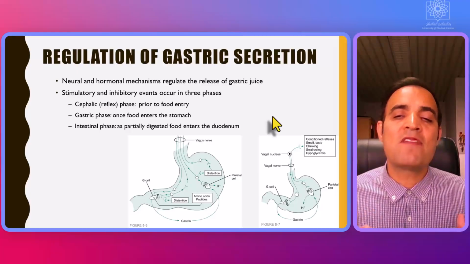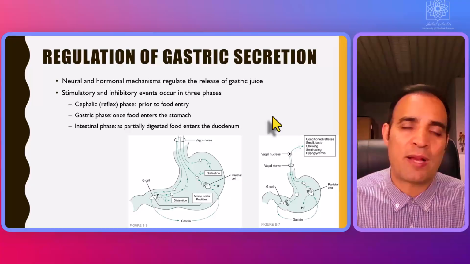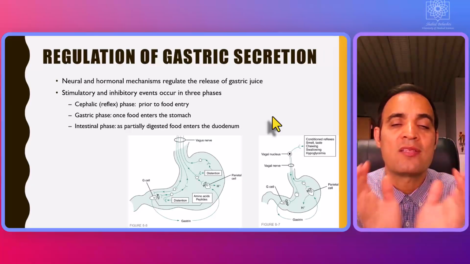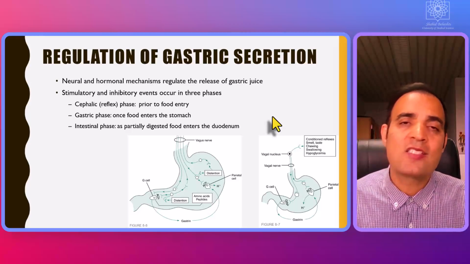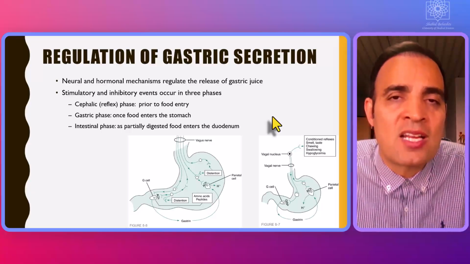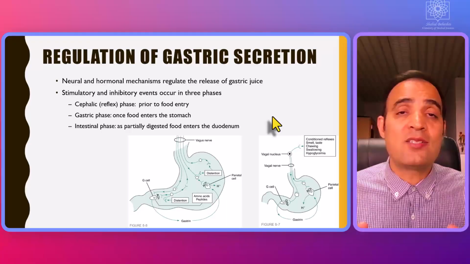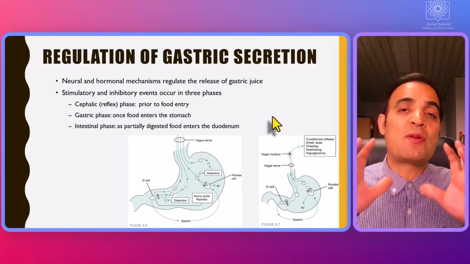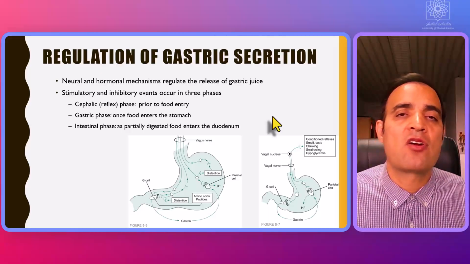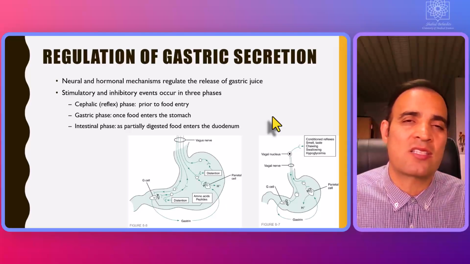Gastric phase means when food enters the stomach, when food has contact with the stomach, when the stomach is being stretched by the food, distension of the stomach stimulates the intrinsic mechanisms that we have inside the stomach, such as the enteric nervous system and hormonal mechanisms. And in this situation, for example, when we have a food that contains a high level of amino acids and protein, it stimulates acid secretion inside the gastric lumen.